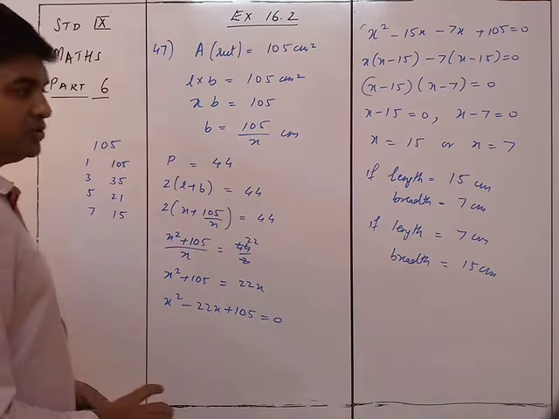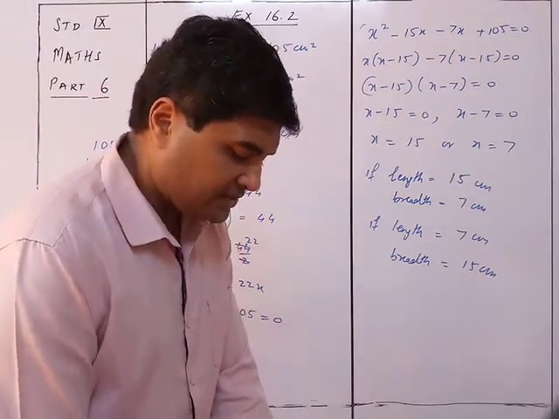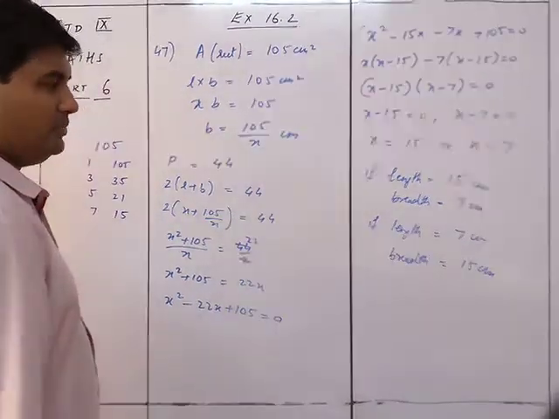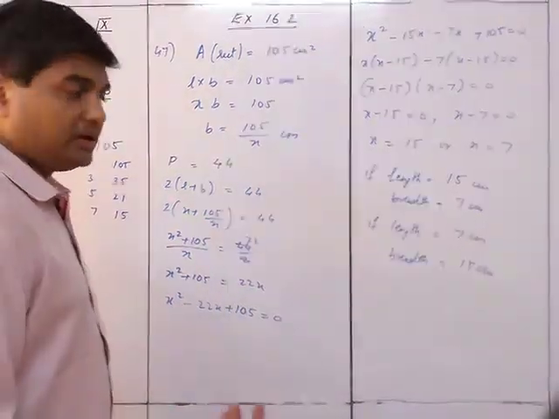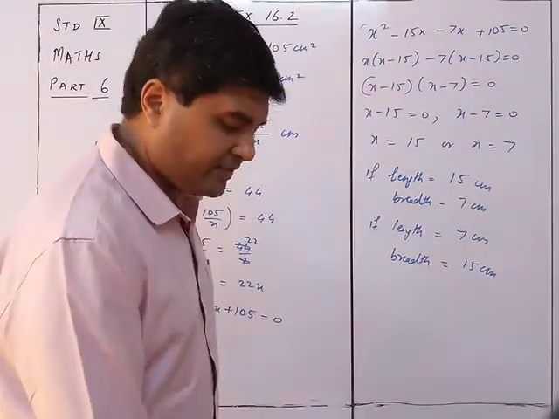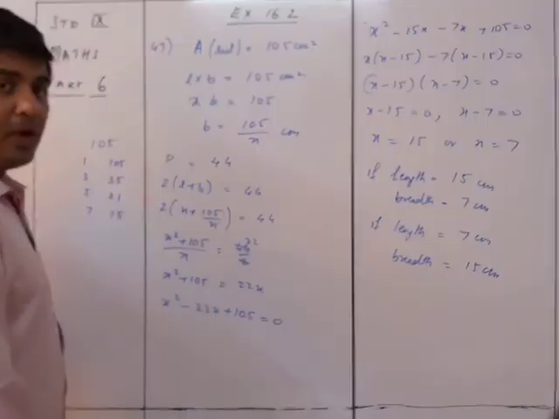Got it? So this will be your answer, that either it is 15 and 7 or 7 and 15, right? So yeah, same thing. Normally length will be greater, so we'll keep it as 15 and 7. So that was sum number 47, and that completes exercise number 16.2.